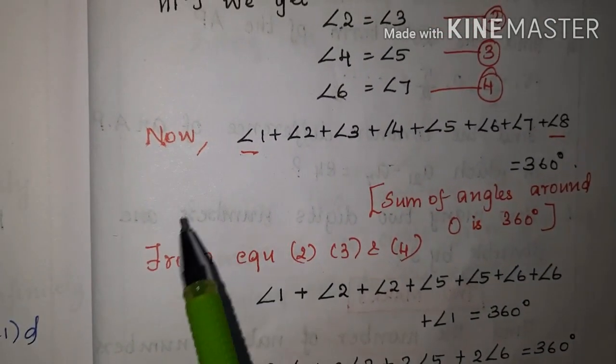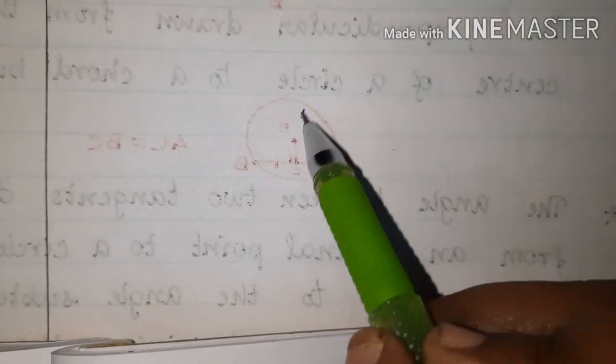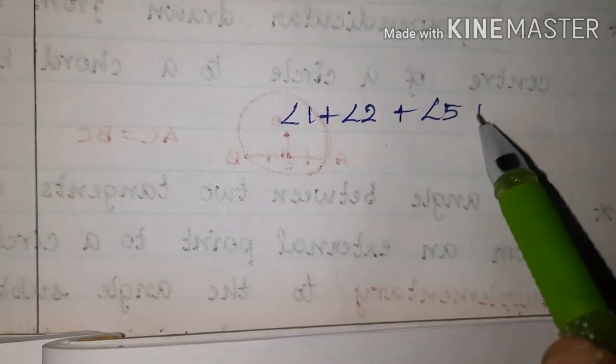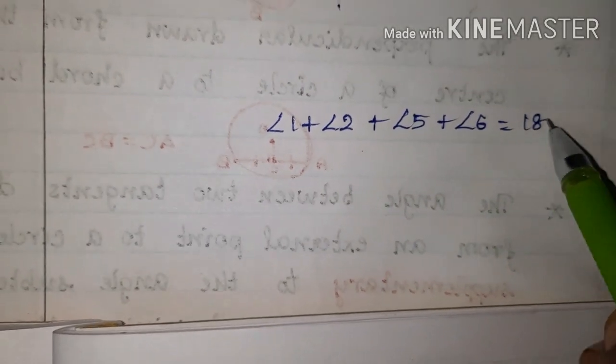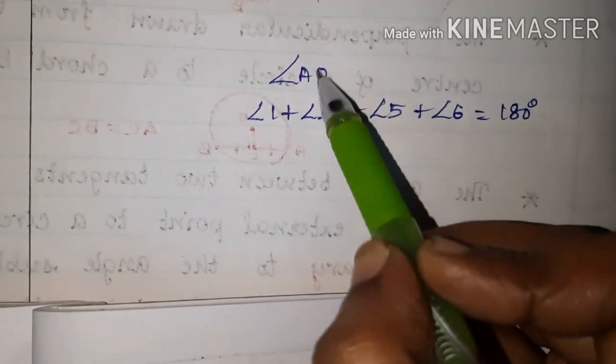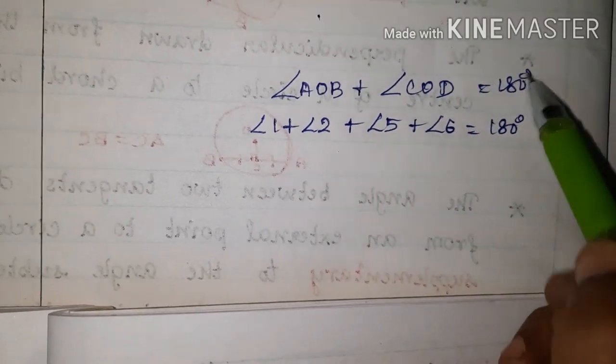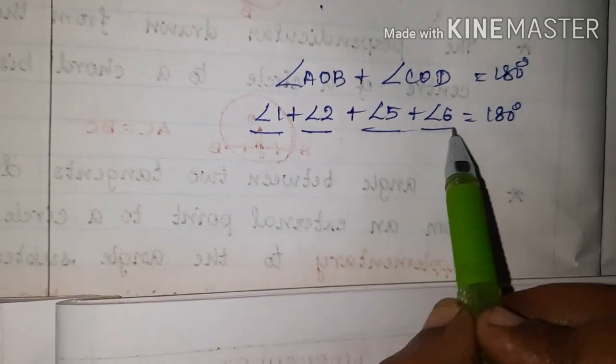Actually, what we need to prove is that angle 1 plus angle 2 plus angle 5 plus angle 6 is equal to 180 degrees. That is angle AOB plus angle COD. So for this you need angles 1, 2, 5 and 6.